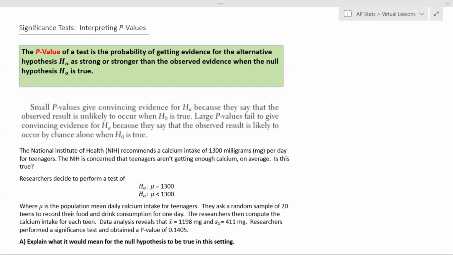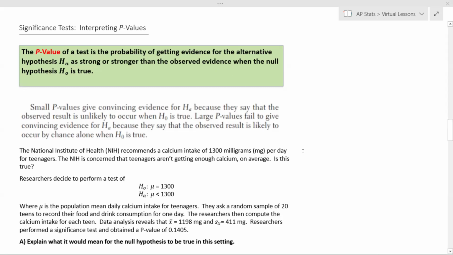So earlier in the course, we talked about 5% being kind of like the general dividing line between significant and not significant results. So if a probability of something occurring was less than 5%, that was significant because the probability of it actually occurring is so low. So let's look at an example for how to walk through some of this.